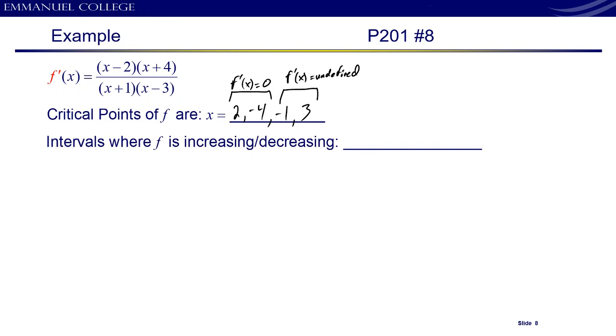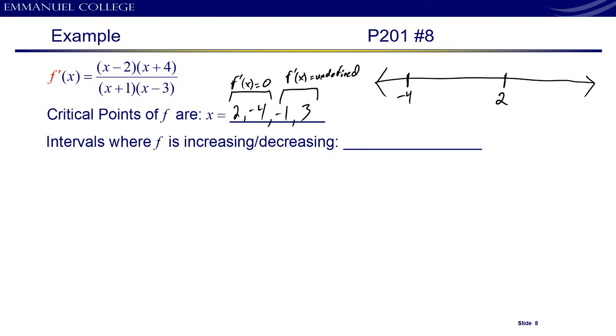So now if we need to identify the intervals of increasing and decreasing, here's what I like to do. Now some people will draw a box. I just prefer to have a line, just because I can think about it as just like the x-axis. And what I tend to do is, 2 and negative 4 are going to be solid lines. So here's negative 4, and I'll put positive 2 right there.